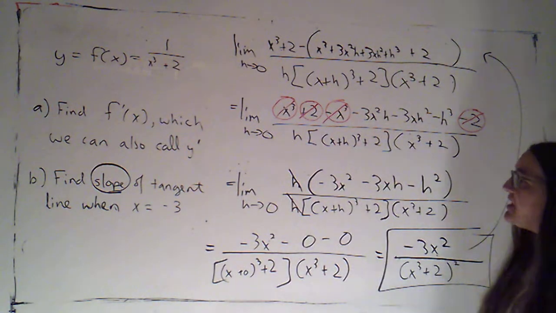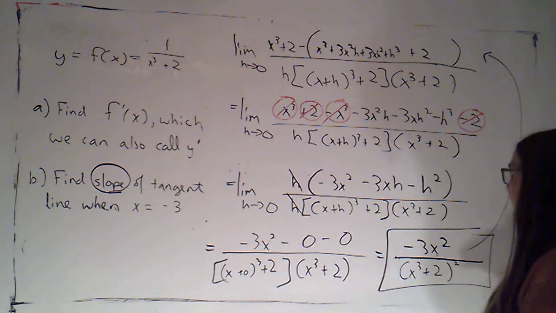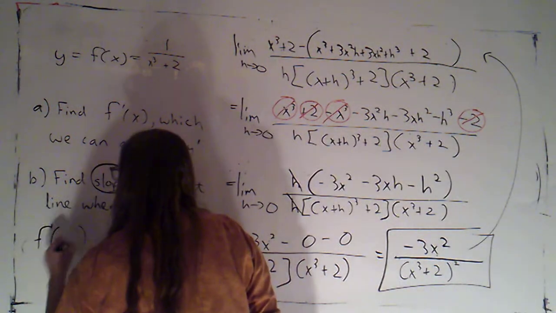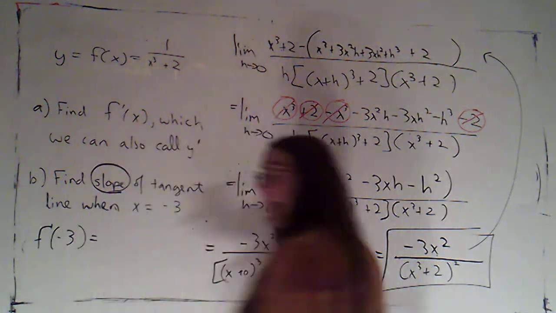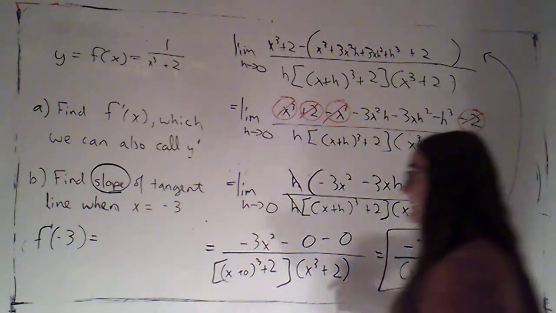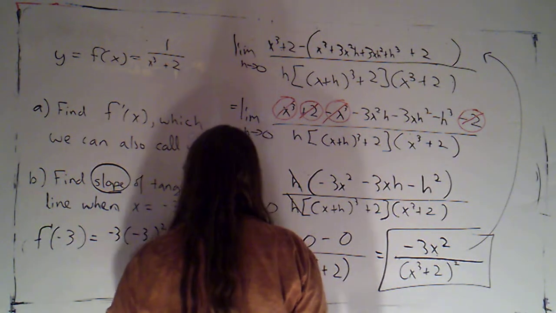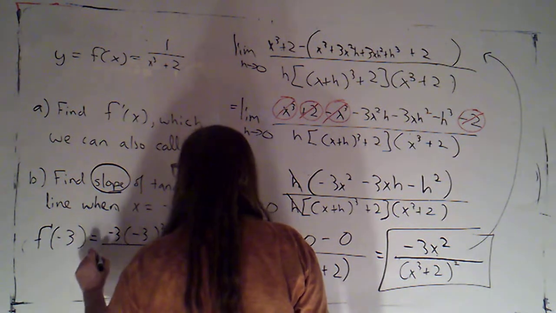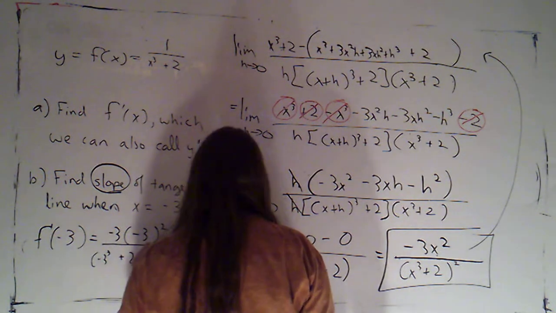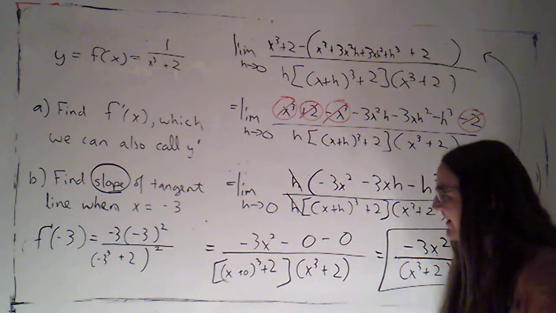Now we were asked in part B to find the slope of the tangent line when x is negative 3. So that's just f prime evaluated at negative 3. I'm plugging in negative 3 for my x's. So that's going to be negative 3 times (negative 3) squared over (negative 3 cubed plus 2) quantity squared. So let's simplify that.